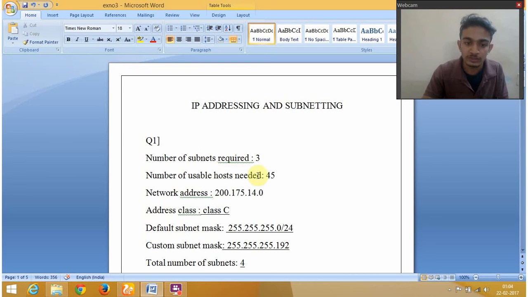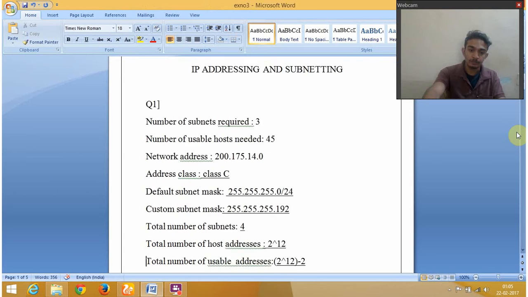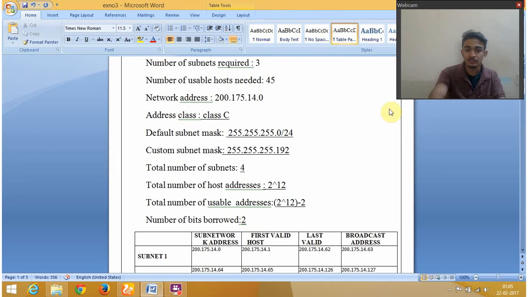The first question specifies that the address given is 200.175.14.0, and the subnets required is 3, and so obviously the usable host need is 45, and then the default subnet is /24.